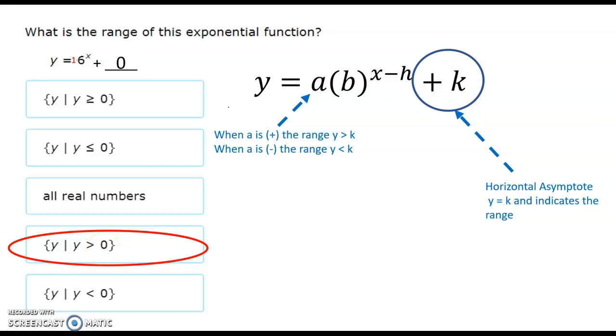So to recap, you're looking for your k value, which happens to be 0. And then you're looking at the value in front of your base, and it happens to be 1. Since it's positive 1, that indicates that we're going to use a greater than 0 for our range.